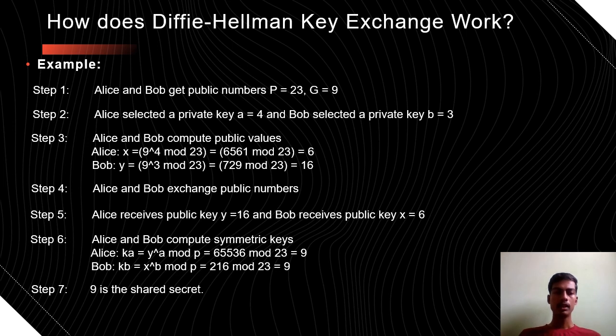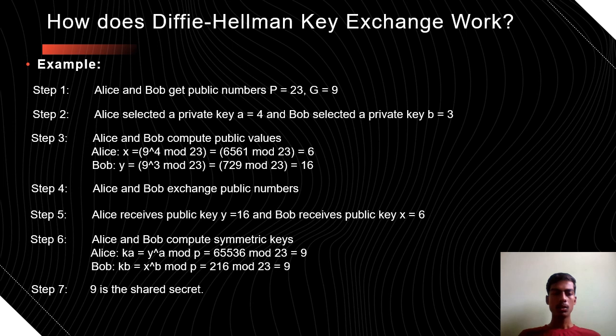In step 3, Alice and Bob compute public values using the formulas G power a mod P and G power b mod P. Alice gets the public value 6, and Bob gets the value 16.